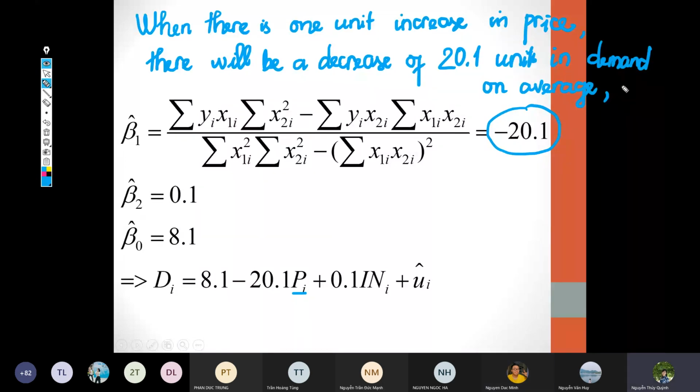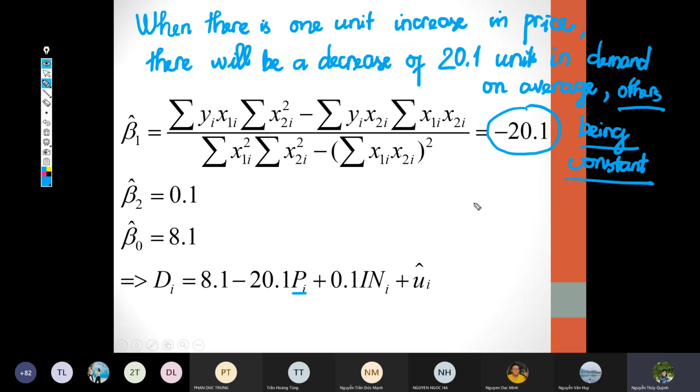Other things being constant, which means that there will be no change in the income, in the level of income of the consumer. That is the meaning of the partial regression coefficient.